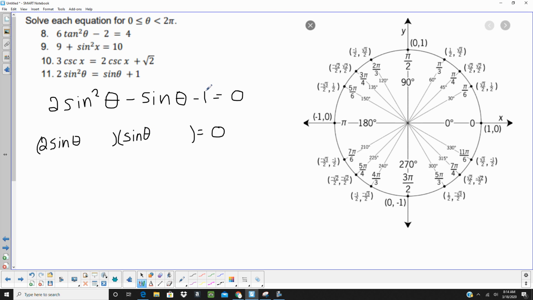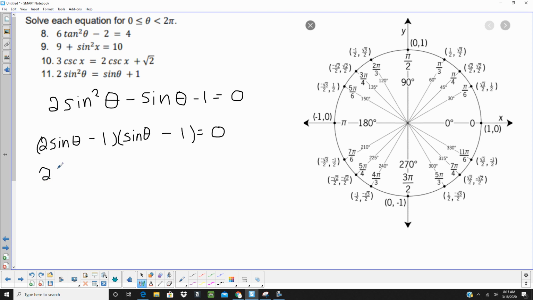And then I'm going to look at my last term, L in FOIL. Negative 1. Well, my signs are going to have to be different. One's going to have to be positive and one's going to have to be negative. I'm going to make this one negative and this one positive. But I want to check my work really quick. That'd give me 1 sine, negative 2 sine, add them together and you get negative sine. So that is correct.